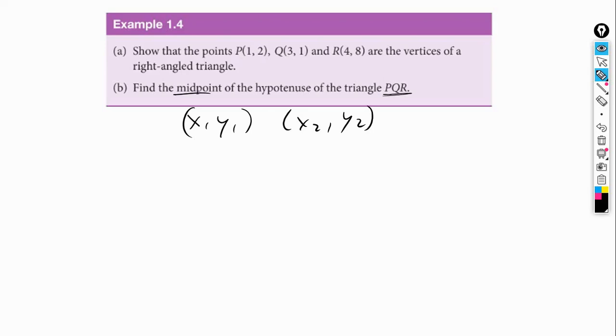So the midpoint would be x1 plus x2 divided by 2, comma, y1 plus y2 divided by 2.